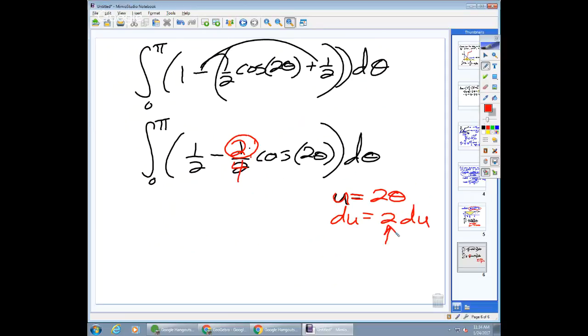So then I think the antiderivative here is going to be 1/2 theta for the first part. To take the antiderivative of cosine of 2 theta, that 2 has to be a part of it. So that stuff I circled in blue is the derivative of the sine of 2 theta.